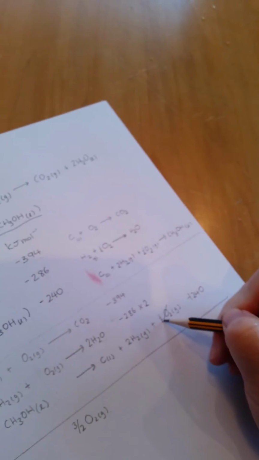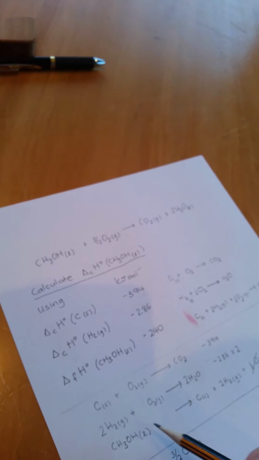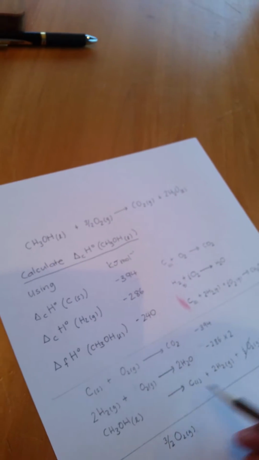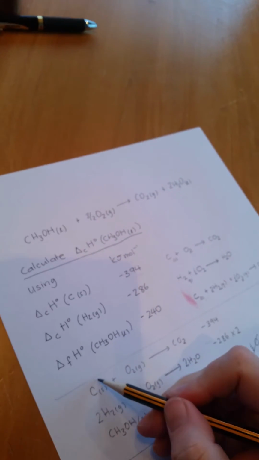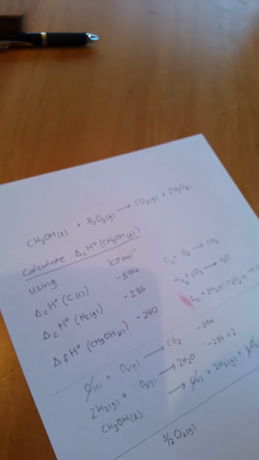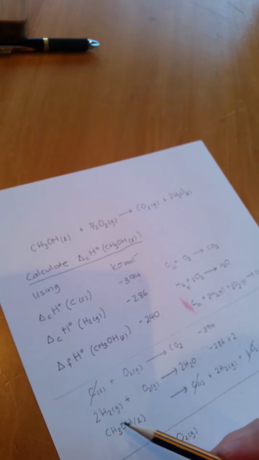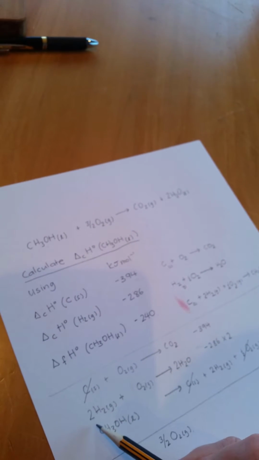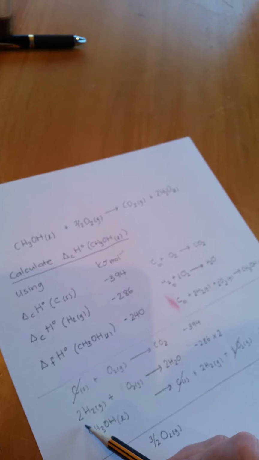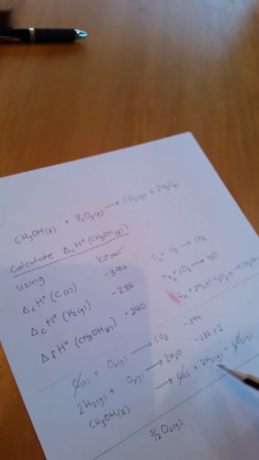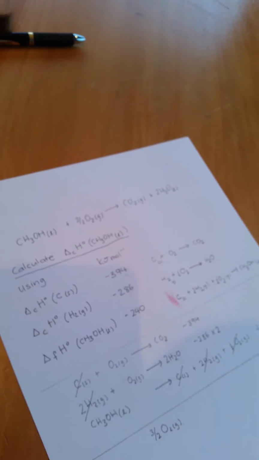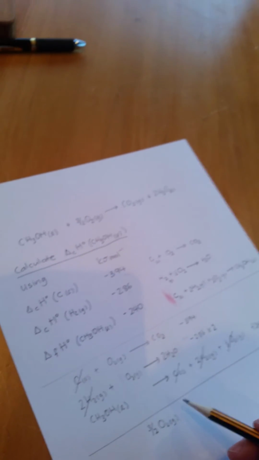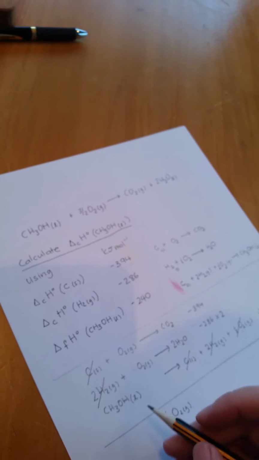We can cross that one out. And then we've got carbon on both sides, so we can cross the carbon out. And then we've got 2 moles of hydrogen gas on both sides, so we can cross those off, they cancel each other out.